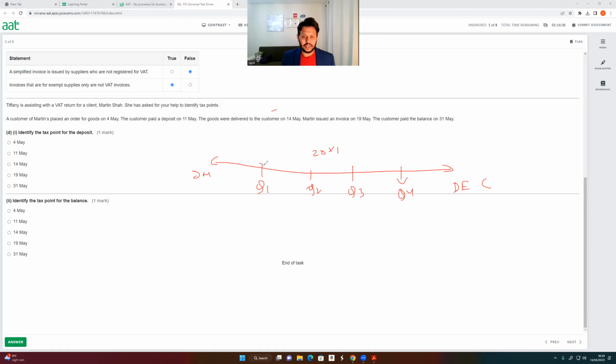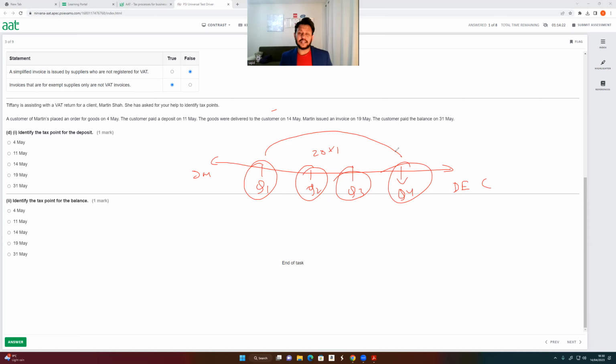So the customer makes the order in quarter 1 and I send the goods in quarter 2, I raise the invoice in quarter 3 and the customer paid me in quarter 4. So in which quarter should I tell the HMRC about this transaction? So this one is called tax point rules.